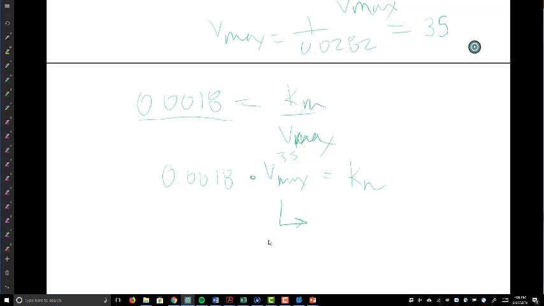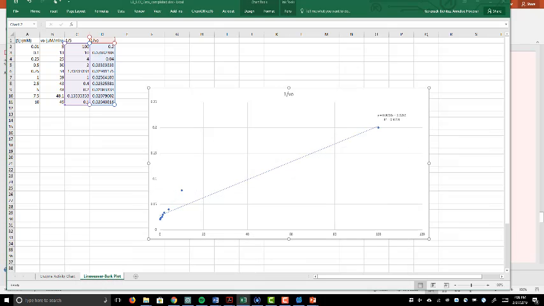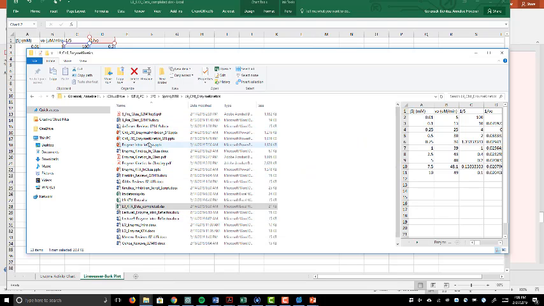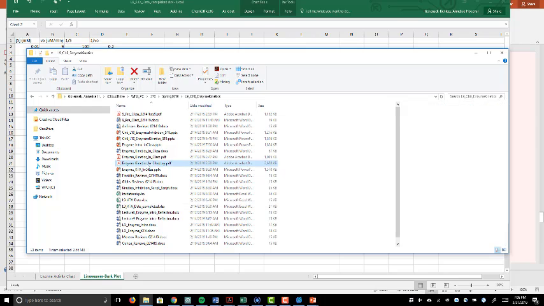So okay, we can go to the handout. All right, let's go to the handout here. Where is it? Okay, enzyme kinetics in class. All right. Open this guy up. Okay.